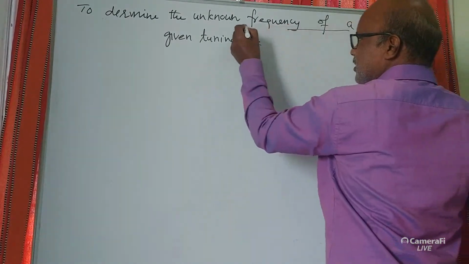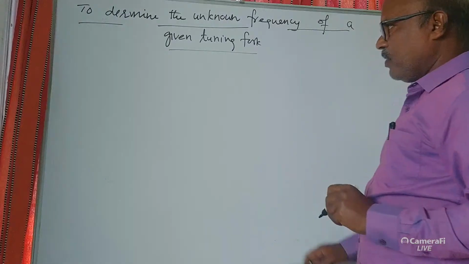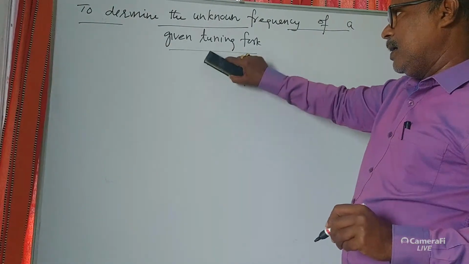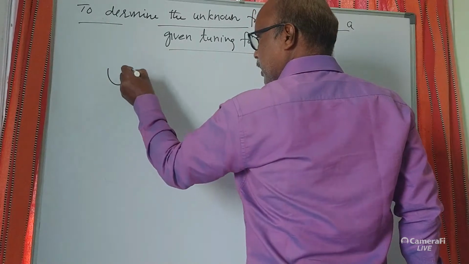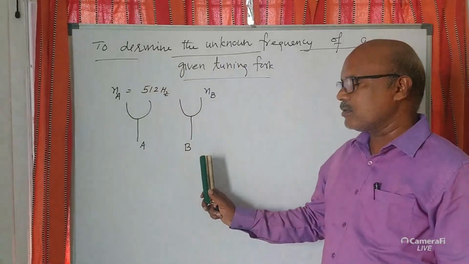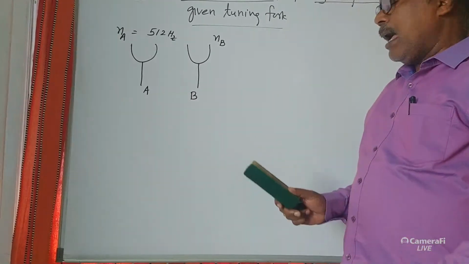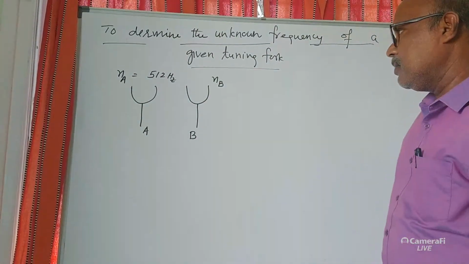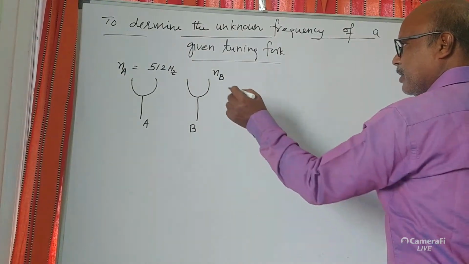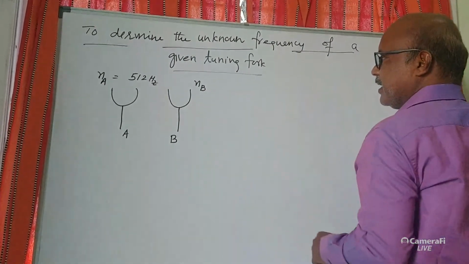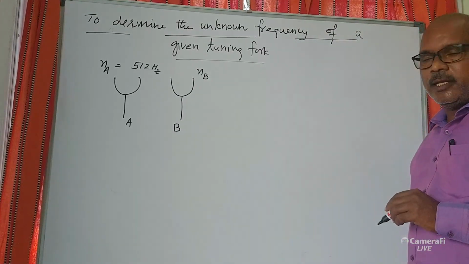So for this, first I will consider a tuning fork A. Its frequency is 512 hertz. Then I take the unknown tuning fork B, and keep the forks side by side, and if they are vibrated, what happens? There is a difference in the frequency. Means when they are vibrated, say 4 number of beats are produced initially.